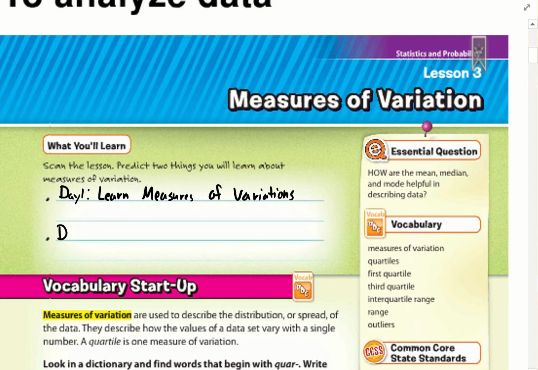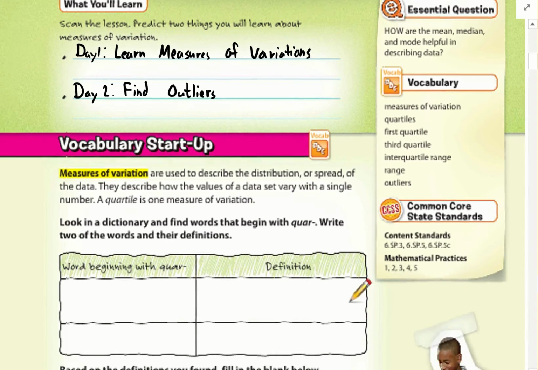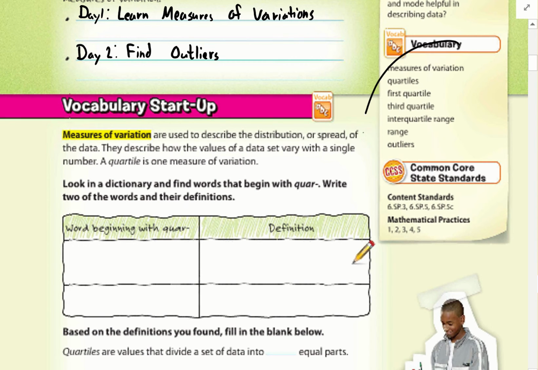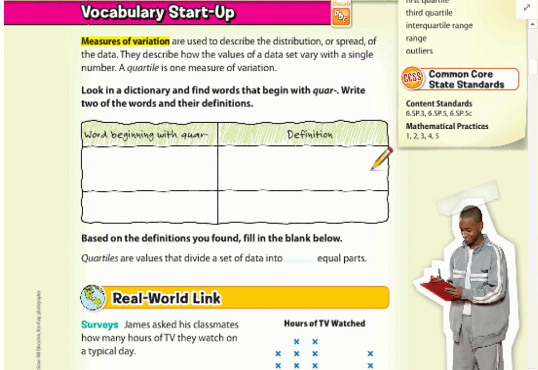And then day 2, we're going to find outliers. The reason why I'm doing this is this lesson, in my opinion, has a lot of information and we have to learn all of these in one small little lesson. And look, we've got 3 standards, we have 5 math practices. This is going to be a tough lesson.